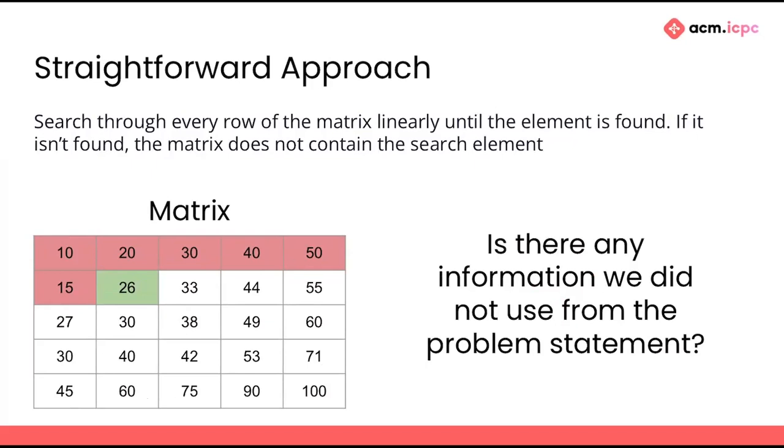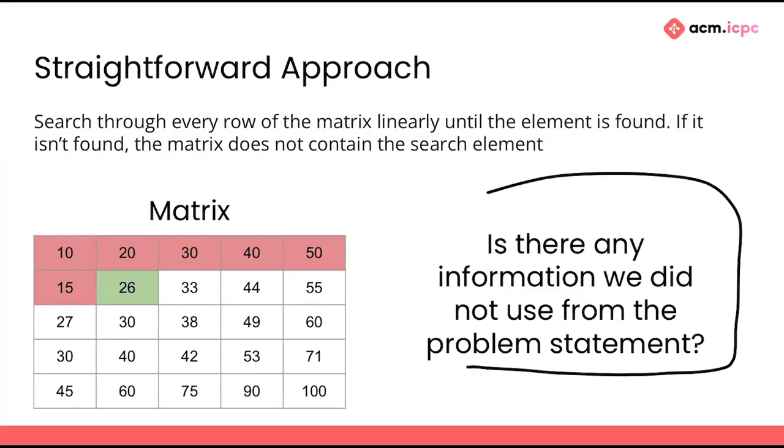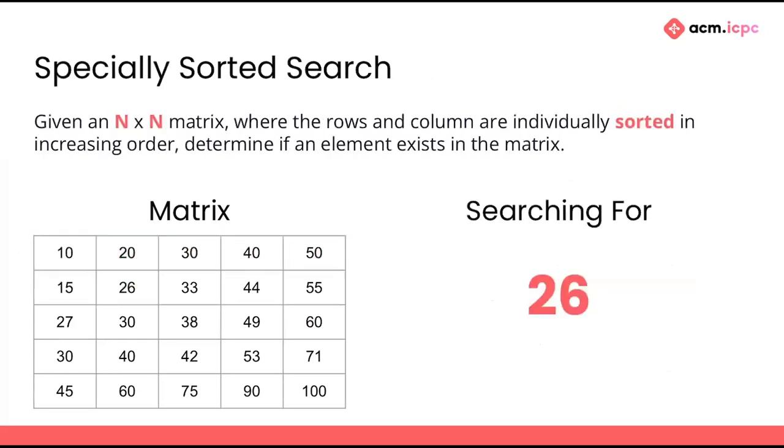While it is true that sometimes problems try to throw red herrings at you, information that isn't necessarily relevant, there is a good chance that most of the information in a problem is going to be relevant to the solution. So what is the answer to this question? Is there any information that we did not use from the problem statement? Sorted. Not just the fact that the rows are sorted, but also the fact that the columns are sorted.